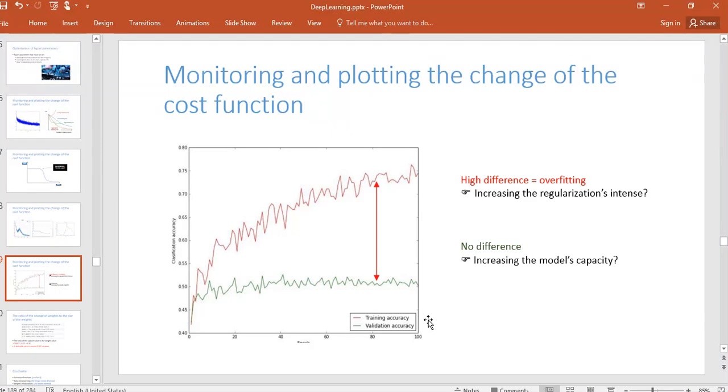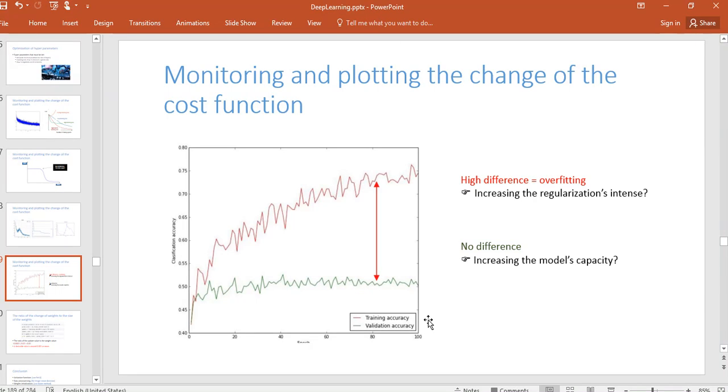This is where the overfit will happen. To solve this problem, the amount of data can be increased or regularization can be used. But if the difference between the two graphs is small, it means that this model can include more neurons. That means we can still make the model stronger, more powerful. For example, increase the number of layers or the number of neurons.